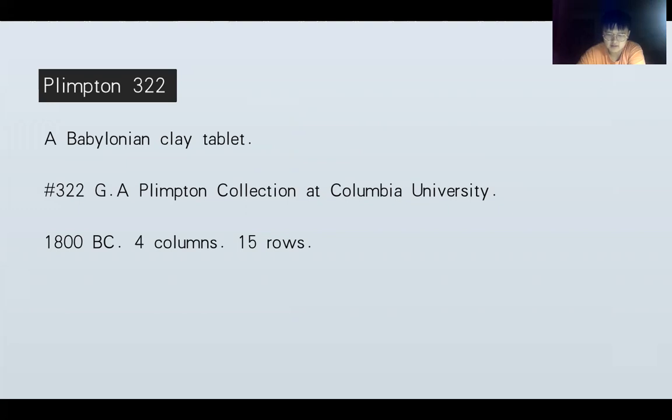So why is it called Plimpton 322? Plimpton is a collector, and his collections are at Columbia University. This clay tablet was numbered 322. Plimpton bought it from somebody who discovered the Babylonian clay tablet, so people just call it Plimpton 322.